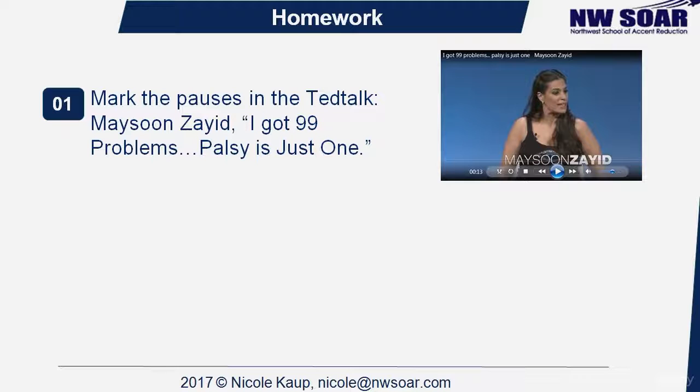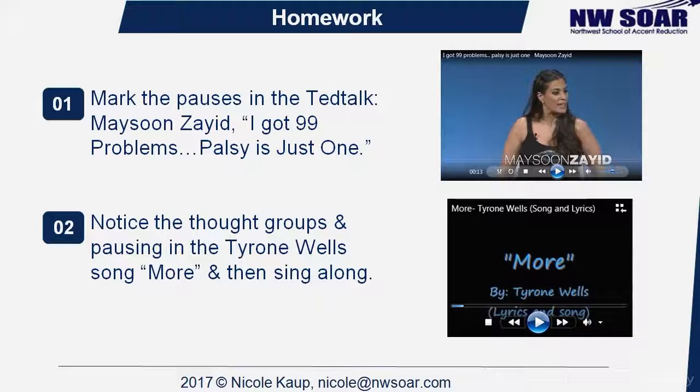In addition, I've given you a song, and I carefully selected your songs based on some of the elements of speech that I want to illustrate for you. This one, I would like you to take careful look at the pausing and the word grouping. After you've analyzed the song, looked at it, heard it once or twice, feel free to sing along.